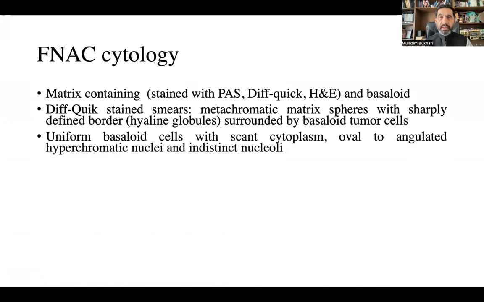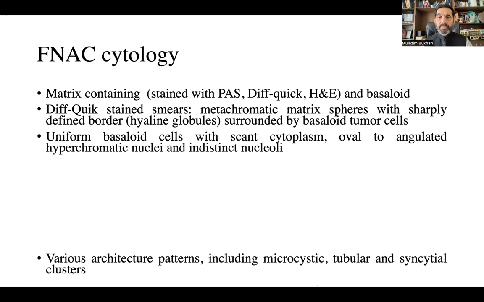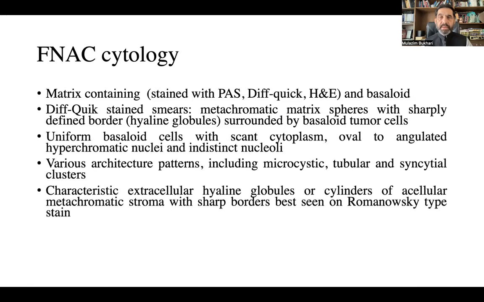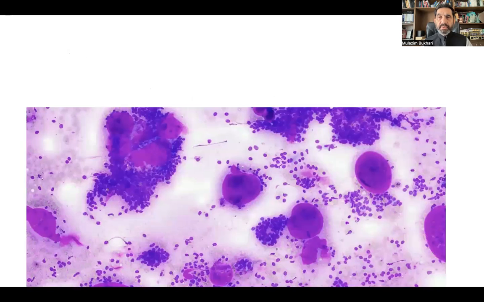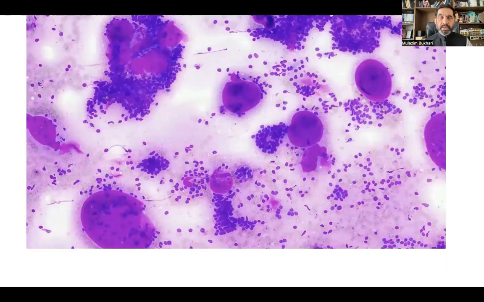The metachromatic material surrounded by basaloid cells is the classical finding in adenoid cystic carcinoma. Sometimes you can see various sizes of cells, with scanty cytoplasm.